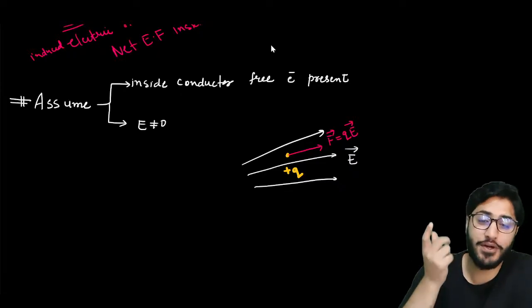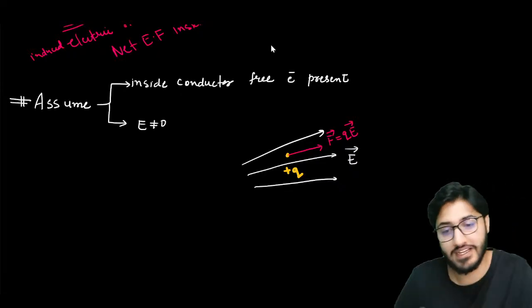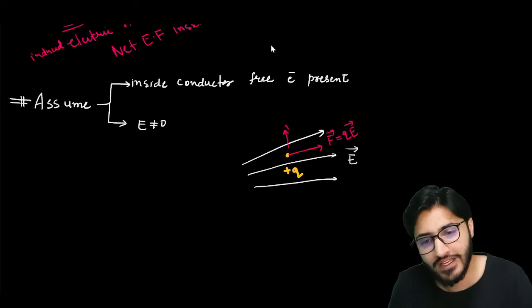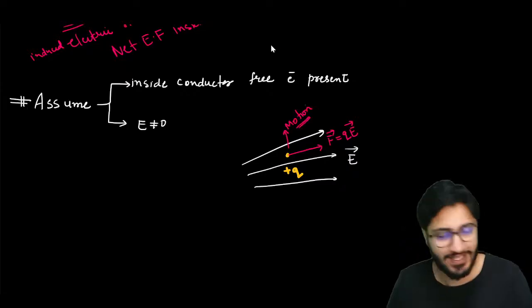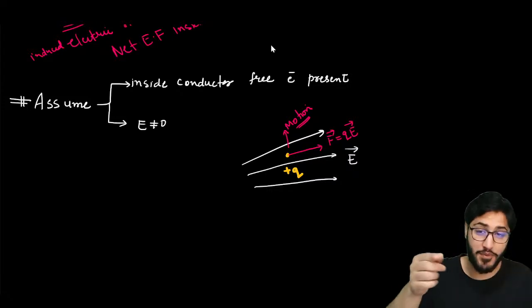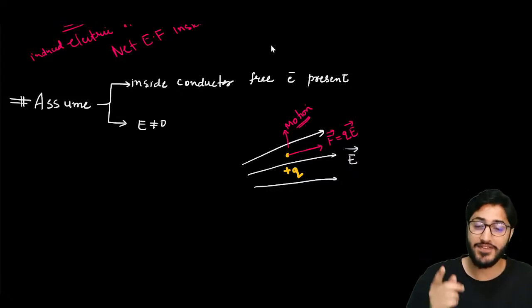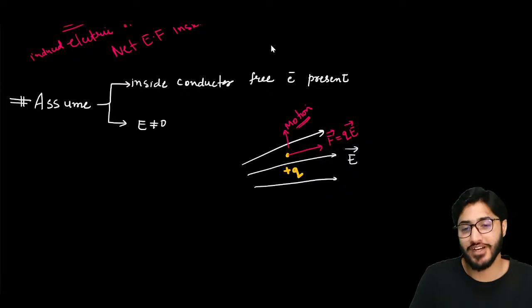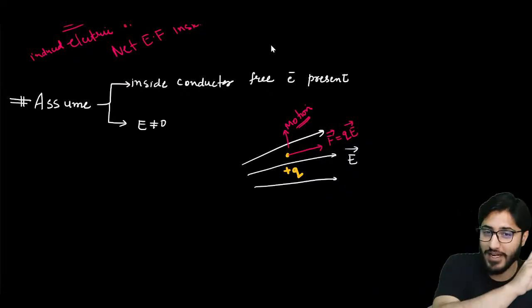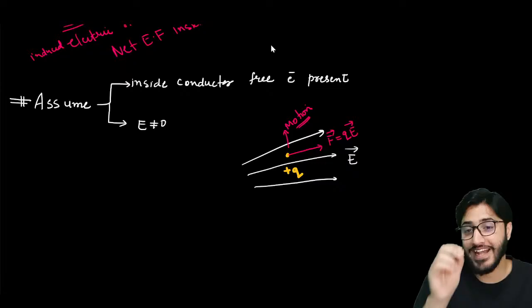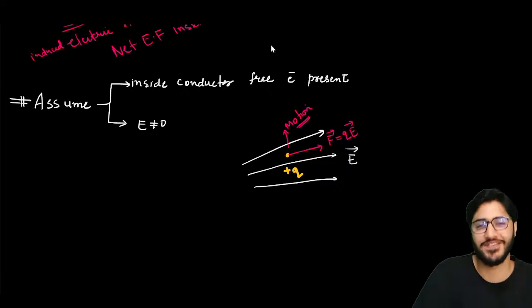Due to this force, my charged particle will come into motion now. If this free charged particle is moving, that means there will be current electricity.